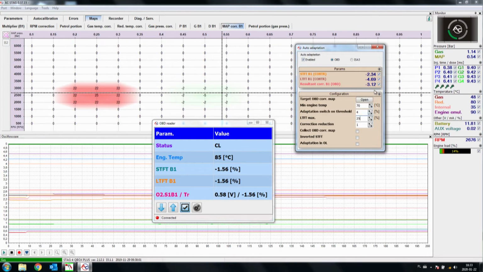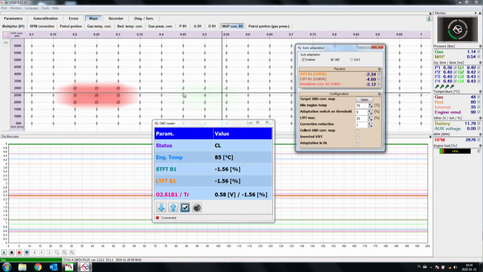And once again, the system will have the limitation around 25%, no more than 25%. But what is important, as you can see, we are on the border of the limitation. The system changes the injection according to those values. Okay, we have minus 3, we have minus 4, minus 2, right?